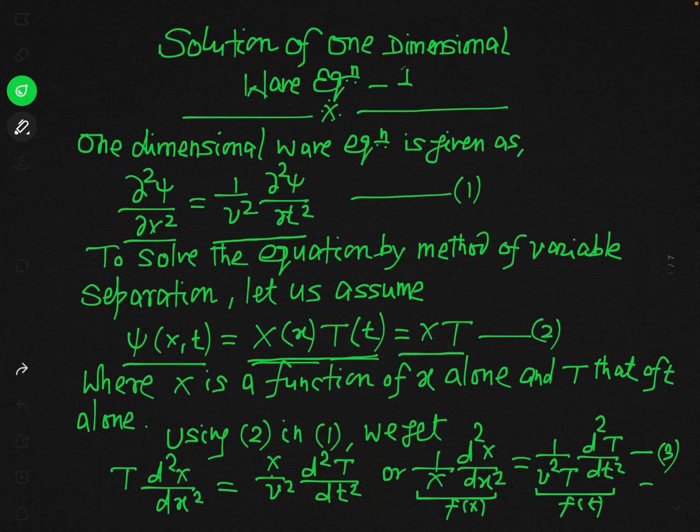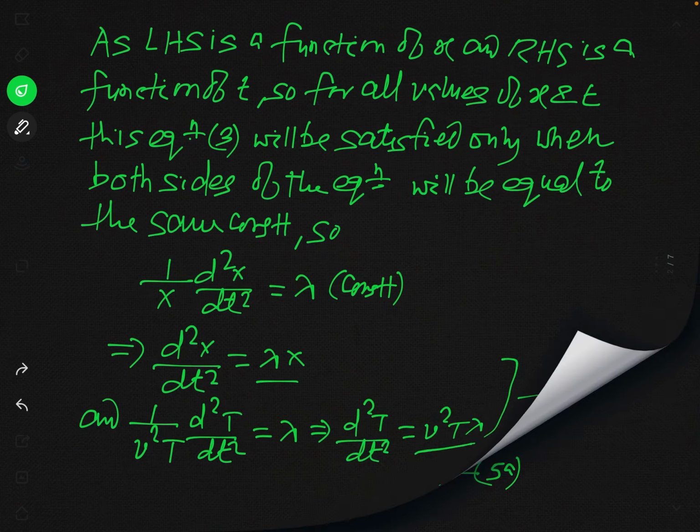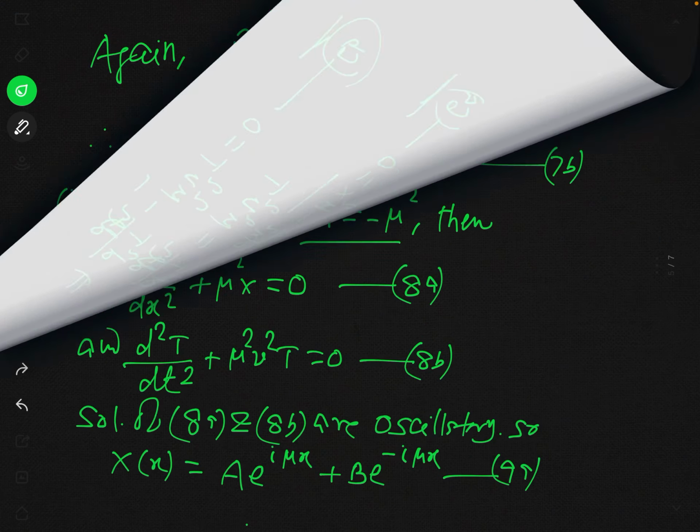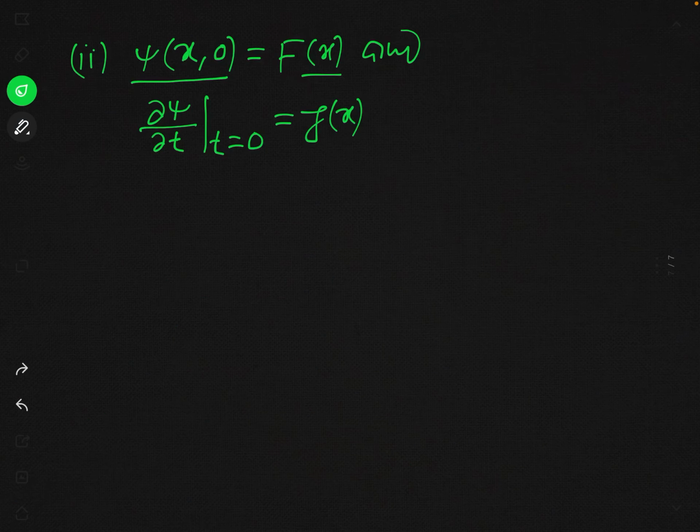So when we take x equal to 0, this equation will hold. When we take x equal to L, again this equation will hold. So on the basis of this equation 2, let us now impose the first boundary condition on it.